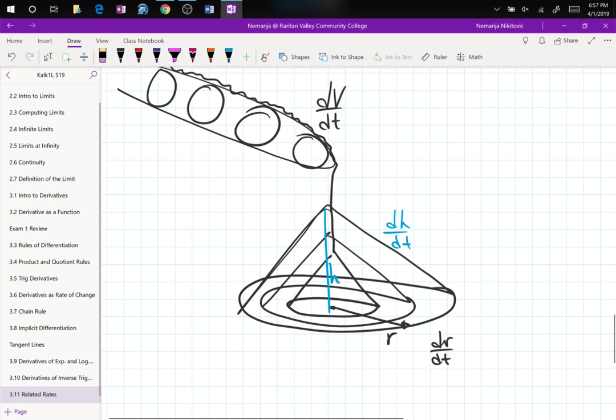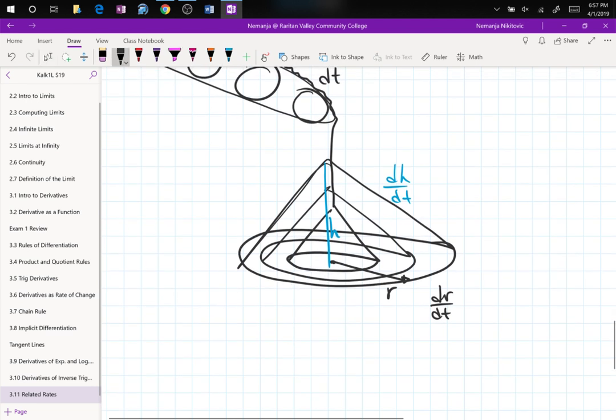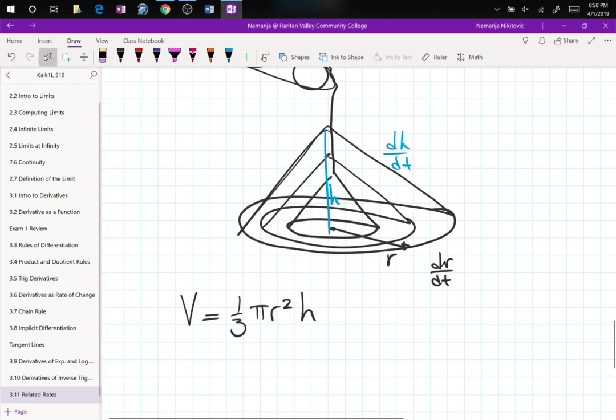So what do we have now? What's the volume of the cone? Very good. 1/3 pi r squared times the height.